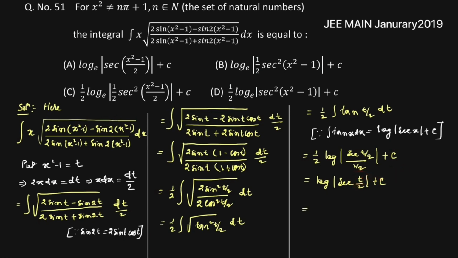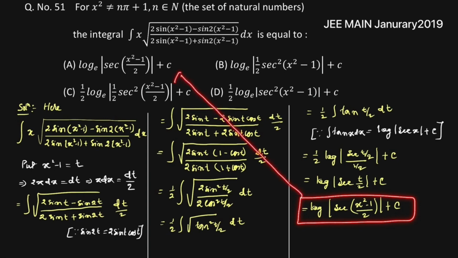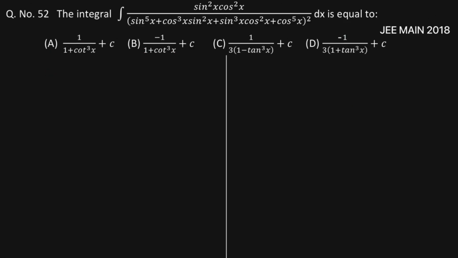Therefore this is equal to log of sec of x square minus 1 divided by 2 plus c. So this is our answer. Option number A is our correct option.